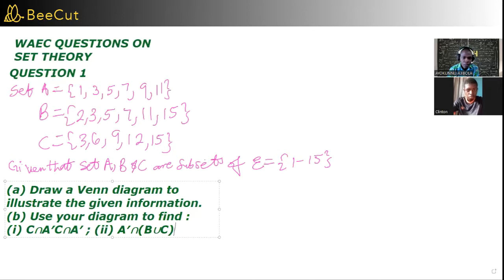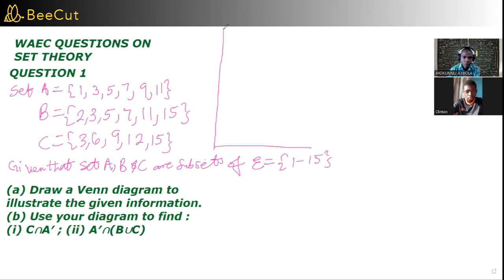So C intersection A complement, then A complement intersection B union C.